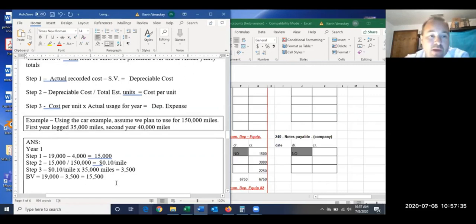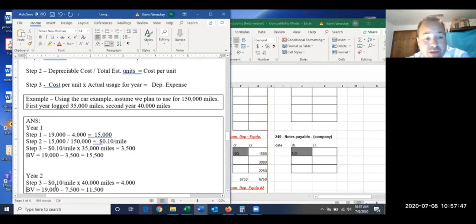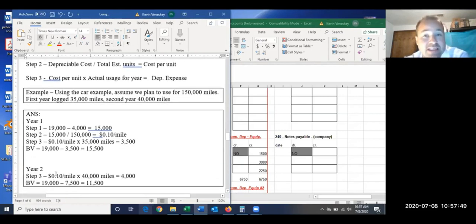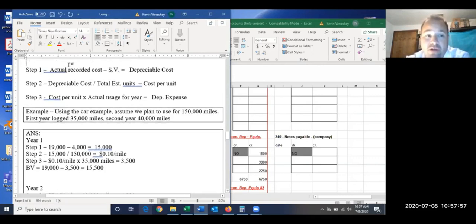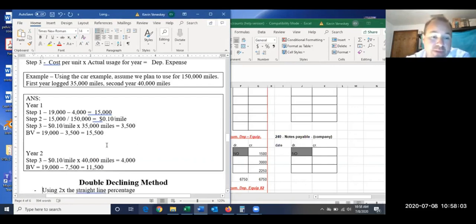Year 2, when you get to years 2 through whenever, you can skip steps 1 and 2 because they're not going to change. You can go right to step 3, and that's all you need to do. So in step 3, I just take 10 cents a mile because it's the same. The only time I would change it is if, remember, I put a new engine in the car, so my actual cost is different now, then I'm going to have to change it.